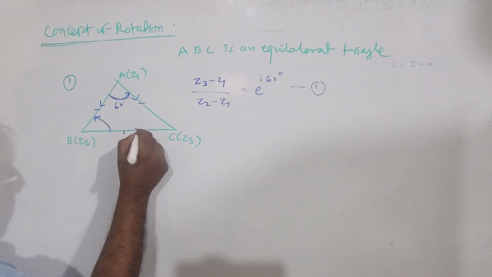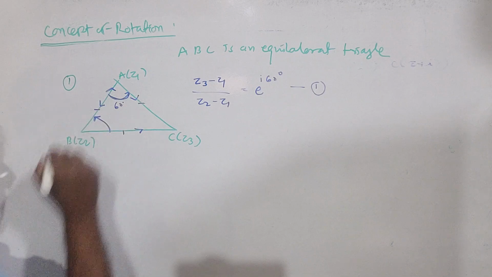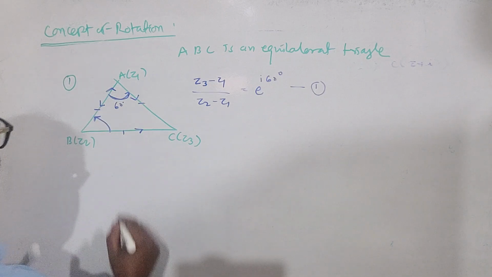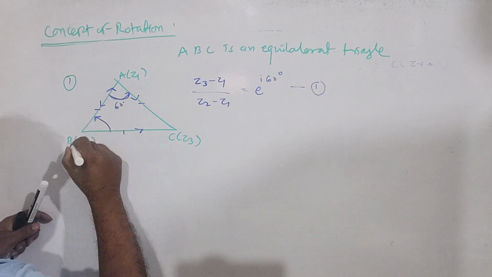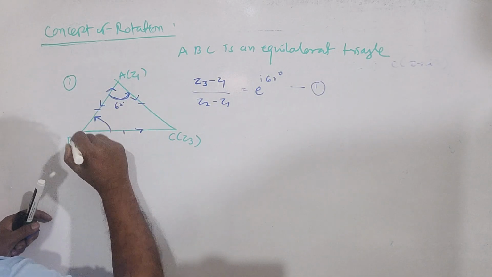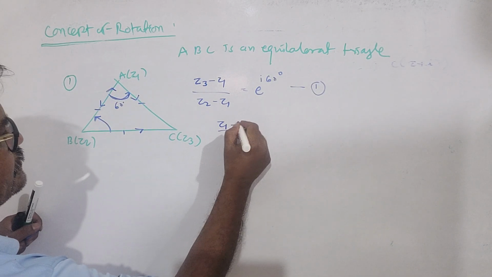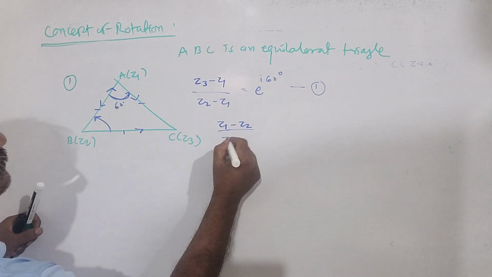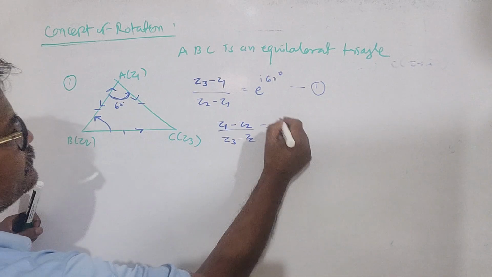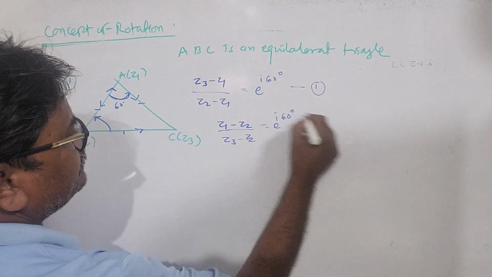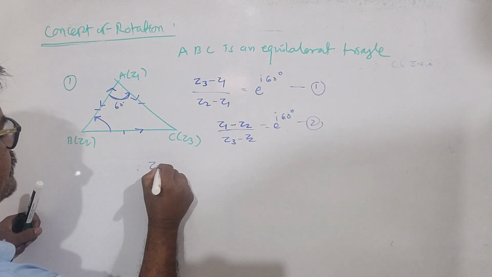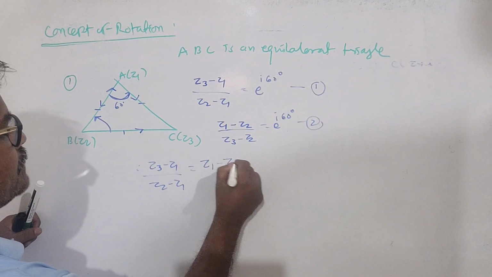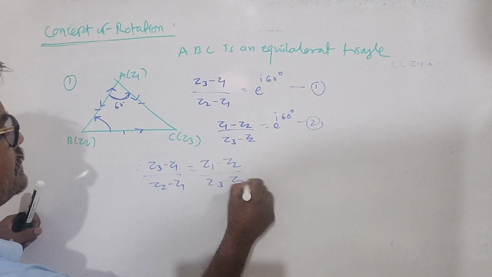Suppose I am rotating this to this one. So this vector is now rotated in this direction, anti-clockwise, no problem. This is your final, Z1 minus Z2. Initial is your Z3 minus Z2. And that is equal to e to the power iota 60 degree. So therefore, I can write Z3 minus Z1 upon Z2 minus Z1 equal to Z1 minus Z2 upon Z3 minus Z2.